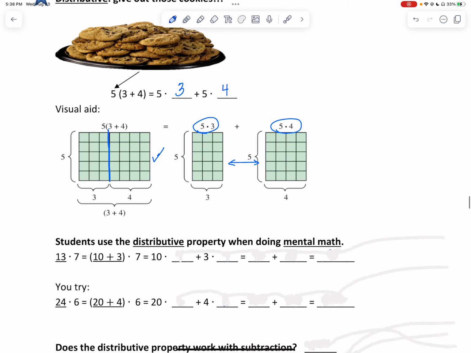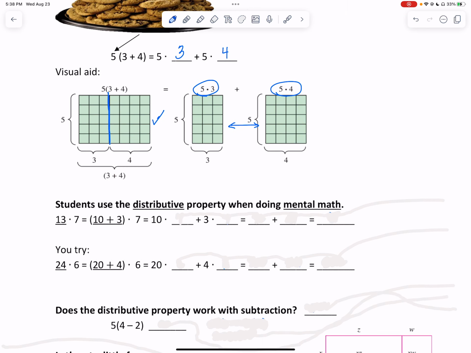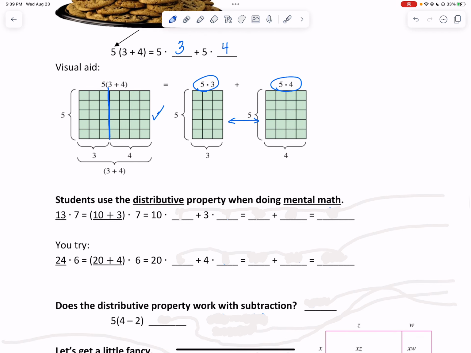So we're going to use the distributive property when we do mental math. Whenever you're thinking 13 times 7, I don't think 13, because if I do, then that's 3 times 7, which is 21, and I've got to regroup and trade, and I just can't do all that in my head. So instead, I split it, and I think of this as 10 plus 3, right?